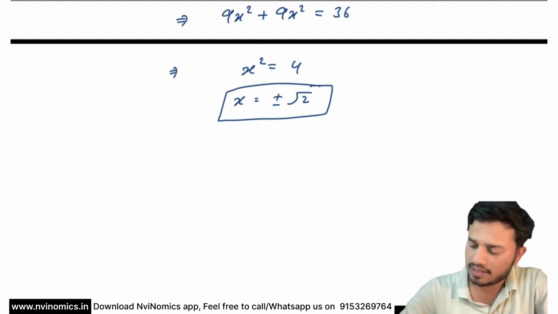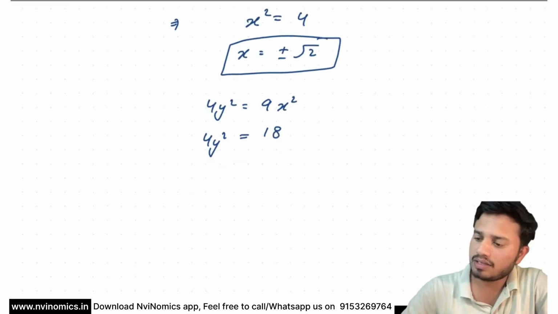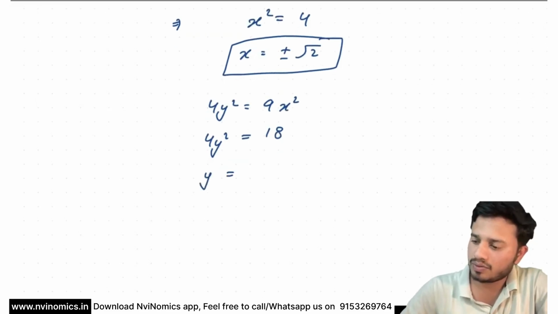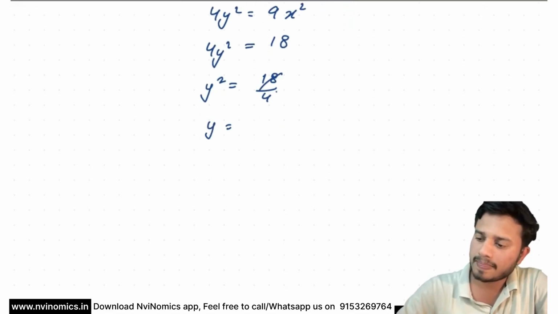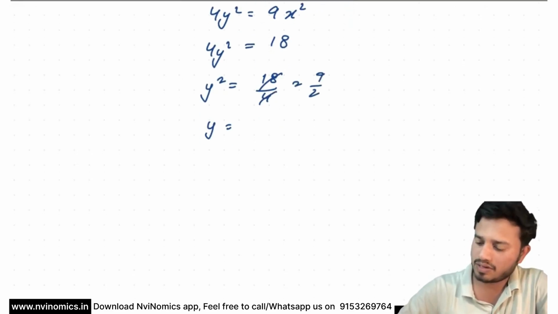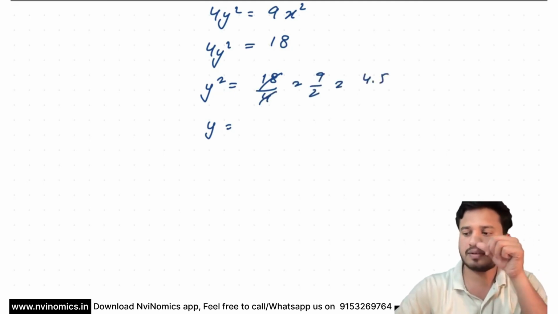That would mean that 4y square equals to 9x square, which is 18, and you will get y square equals to 18 by 4, and that will give y equals to 9 by 2, or 4.5.